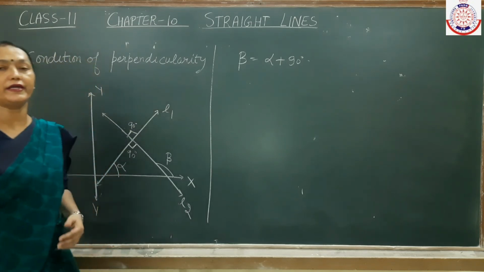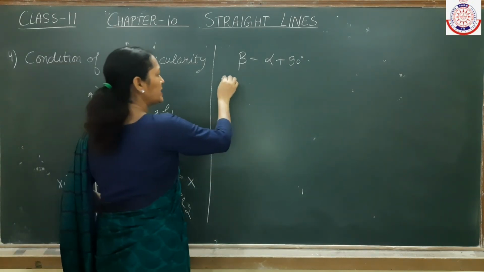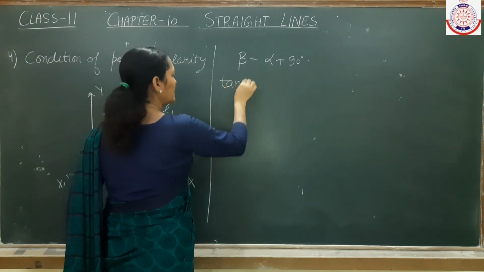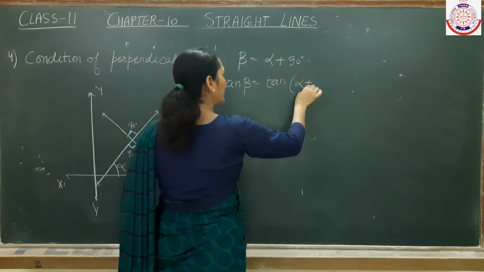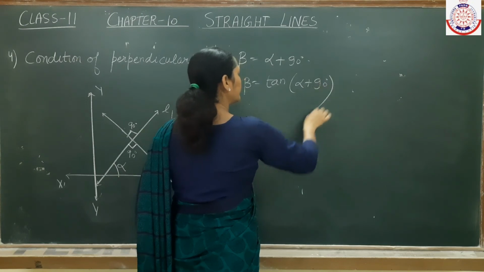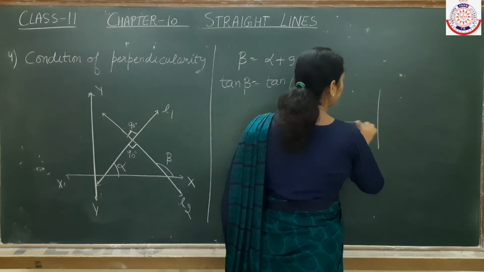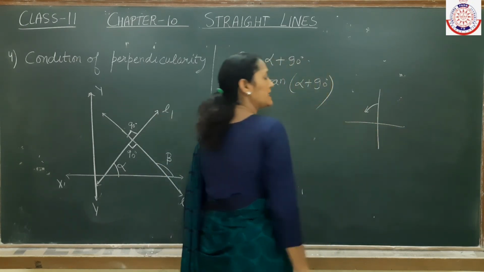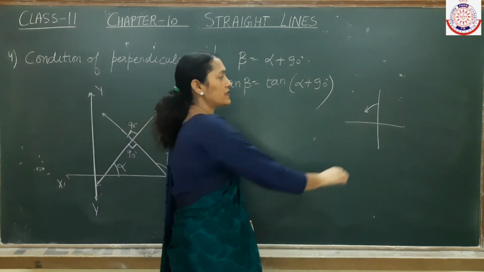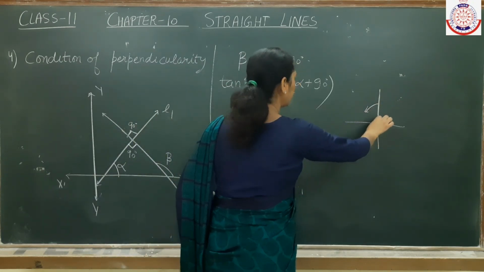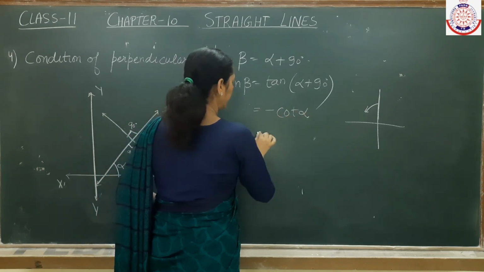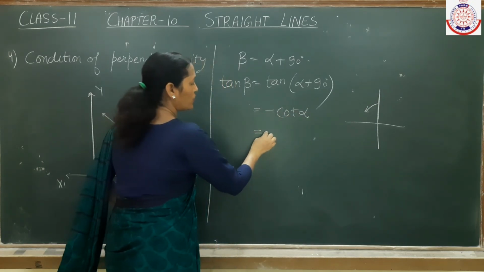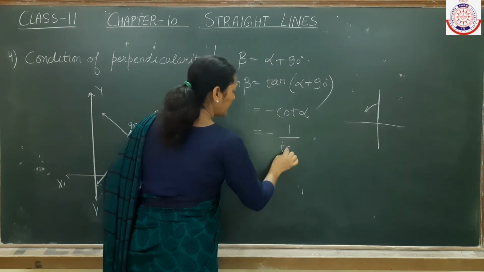So to find slope, meaning finding tangent, tan beta will be equal to tan of alpha plus 90, which lies in the second quadrant, so it gets converted into minus cot alpha. Minus cot alpha means minus 1 upon tan alpha.